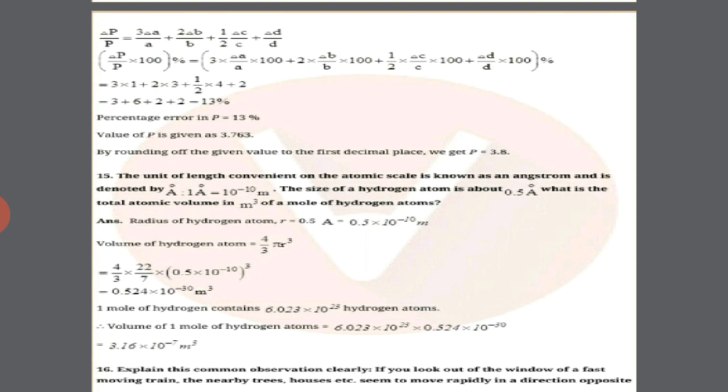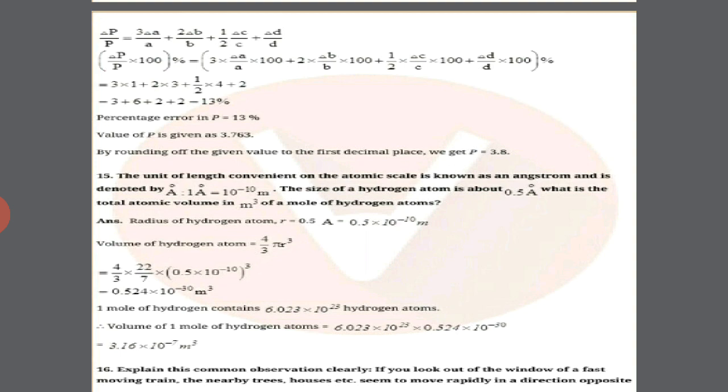delta P by P is 3 delta A by A plus 2 delta B by B plus 1 by 2 delta C by C plus delta D upon D. Let's find out the percentage as well. Multiply by 100 on the left hand side as well as with each term on the right hand side.